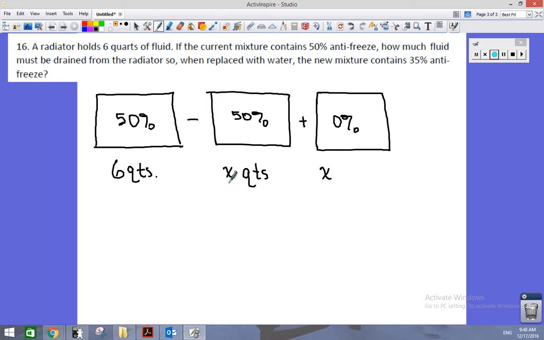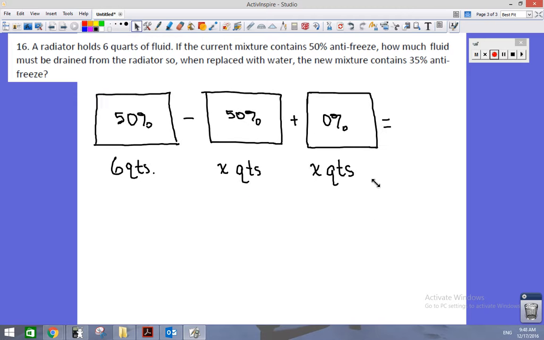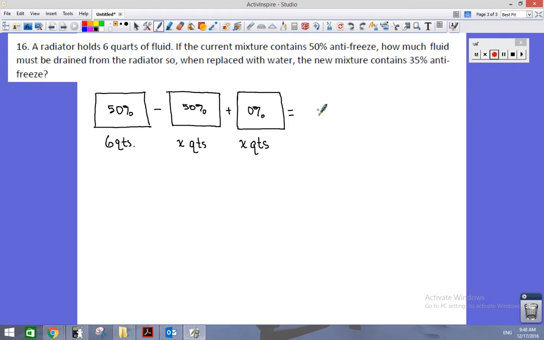So if you emptied out x quarts, you're going to refill it with x quarts, so that we have a total amount of fluid in here of 6 quarts. But now that you've removed some of the 50% and you've added water, you've diluted the concentration, and we want to dilute it all the way to 35%.